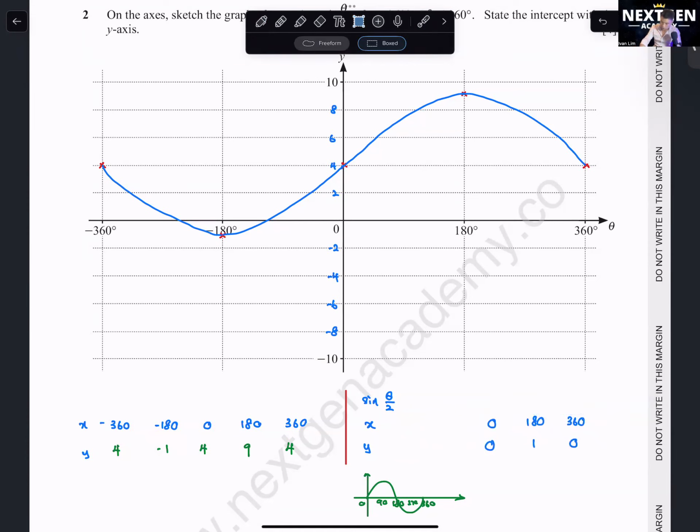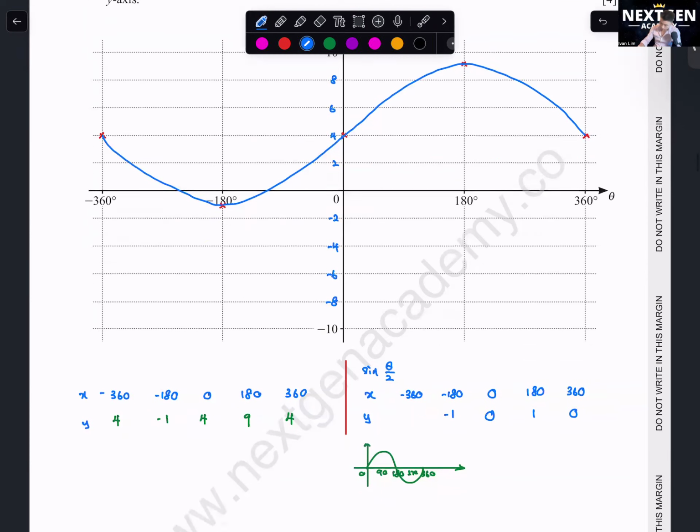Do the same thing for the negative one. So we have here minus 180, minus 360. What's sine of minus 180 divided by 2? So sine negative 90 will be equal to negative 1.